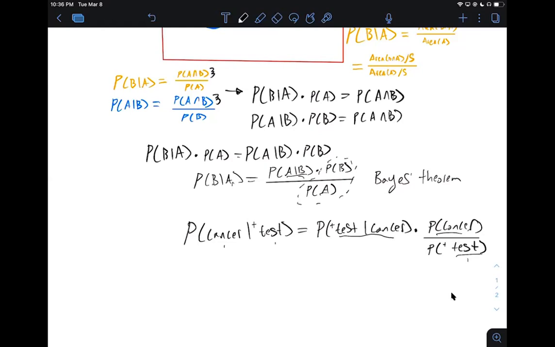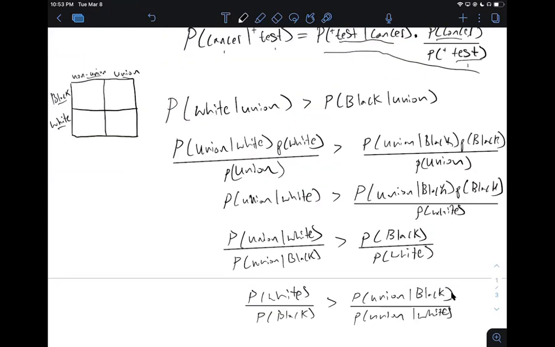And since the probability of cancer, we said in our example before, was only 1%, and the probability of a test was actually 10%, because those two are very different numbers, that means that these inverse conditional probabilities are not the same thing. So that's pretty useful to know.